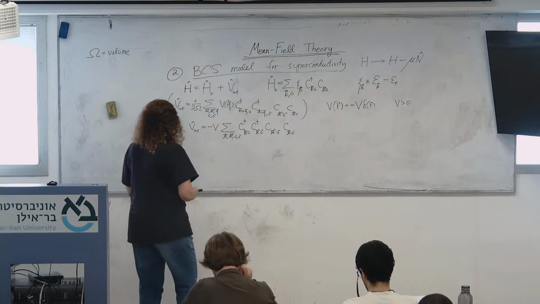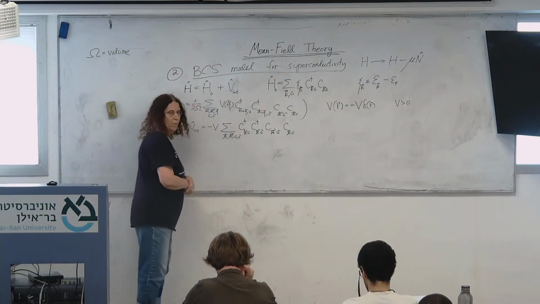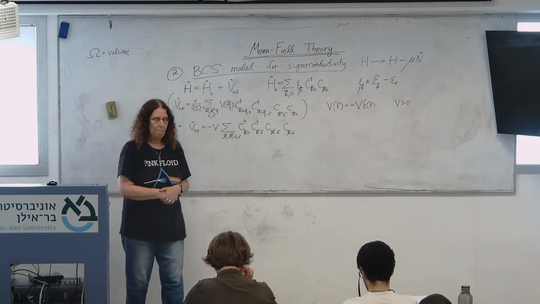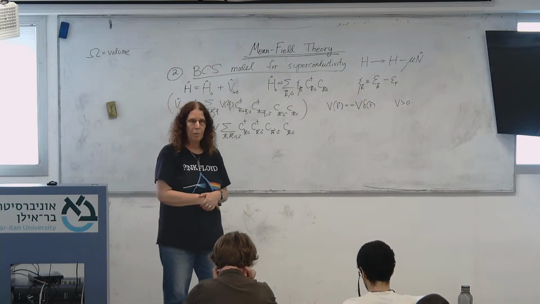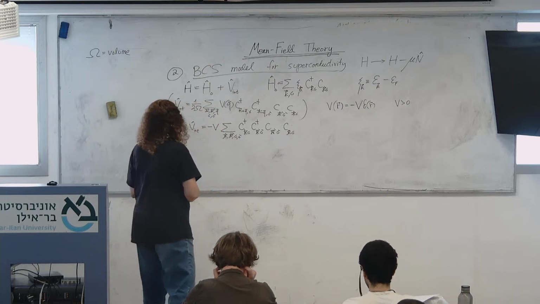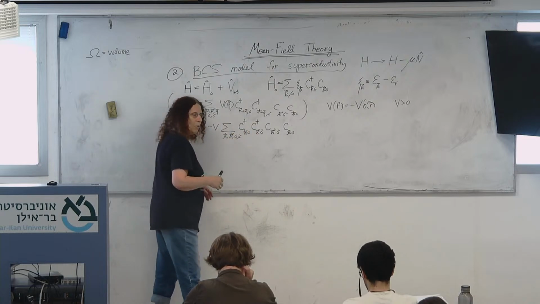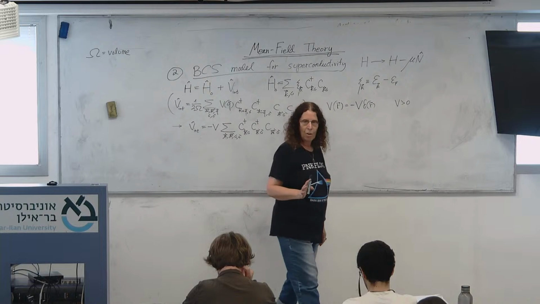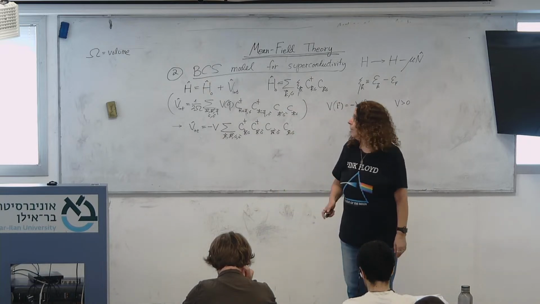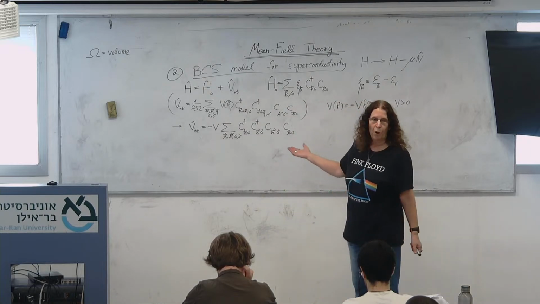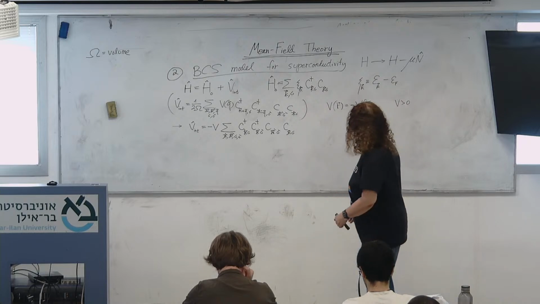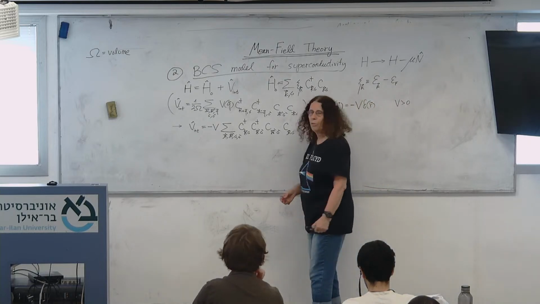And now I'm going to do the following. I want to do a mean field on this. Before we saw that when we do mean field in the usual way, assuming that the ground state hasn't changed from what it was before, we had Hartree-Fock because there were two terms that we threw out.